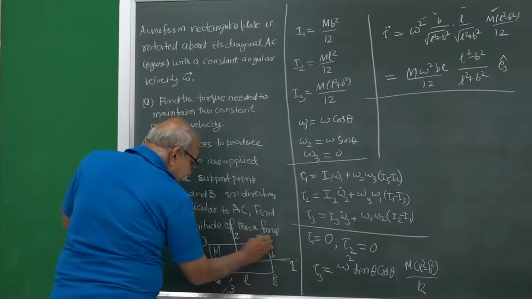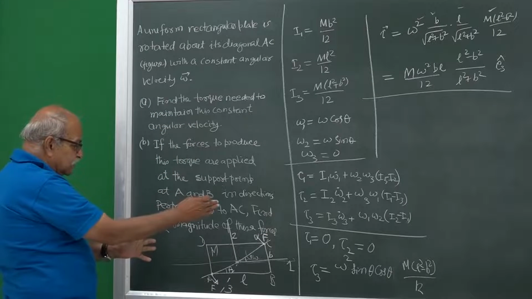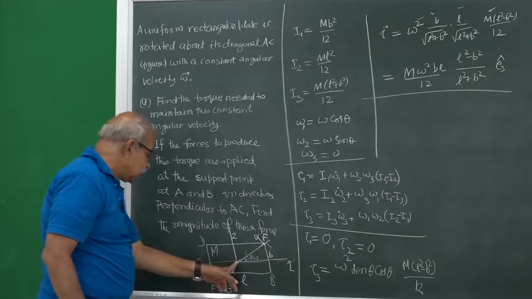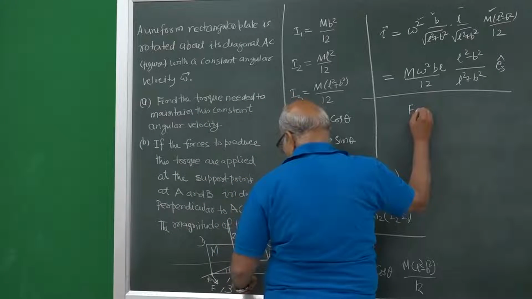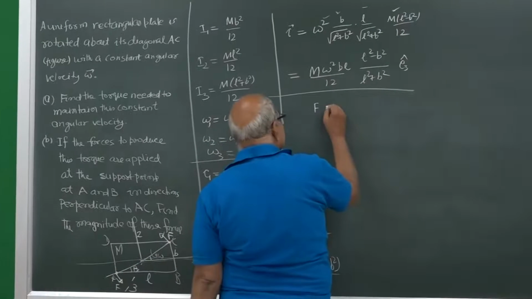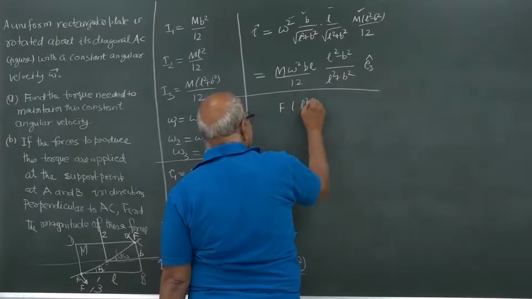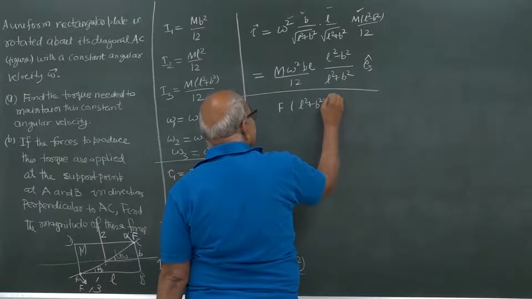So, this is F and this is F, and the torque of these two about this point is F multiplied by the whole length, which is the square root of L square plus B square.